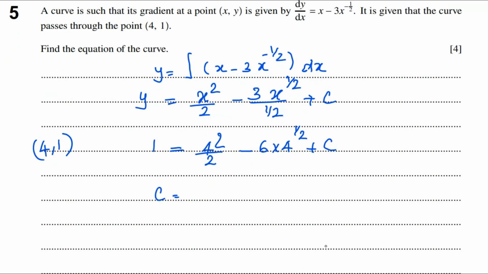C is equal to 1 minus 4 square divided by 2, which is 16 divided by 2, which is 8. So it will become minus 8 when it goes to the other side. This is minus, so it will become plus 6 times 4 power 1 over 2. 4 power 1 over 2 is nothing but 2. So 6 multiplied by 2 will be 12. So C is equal to 5.